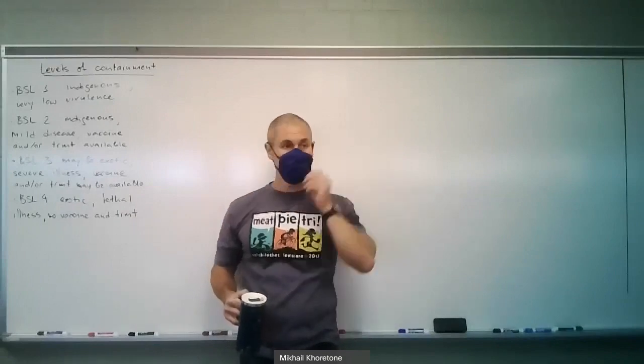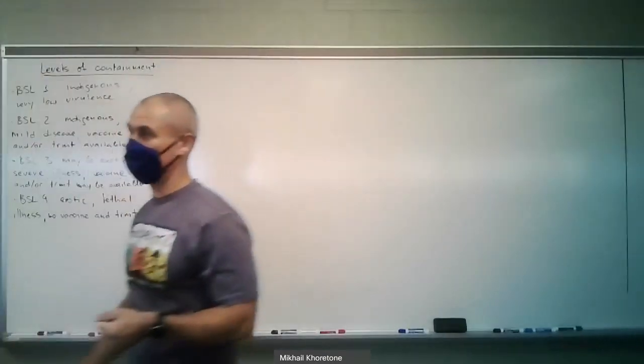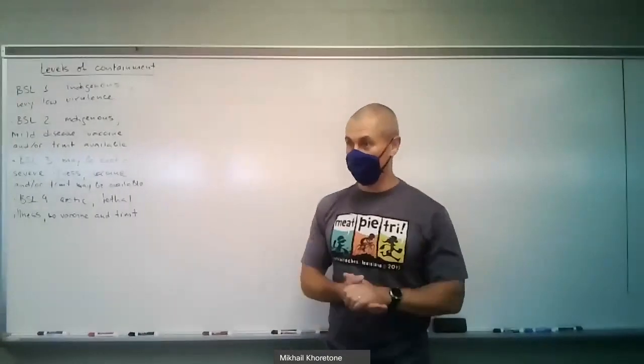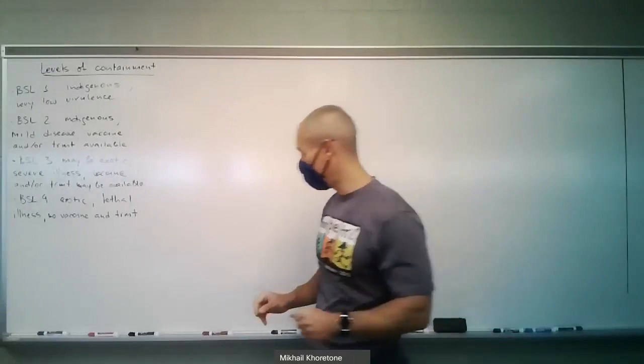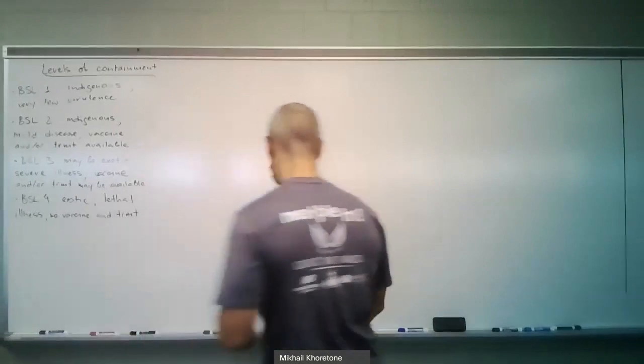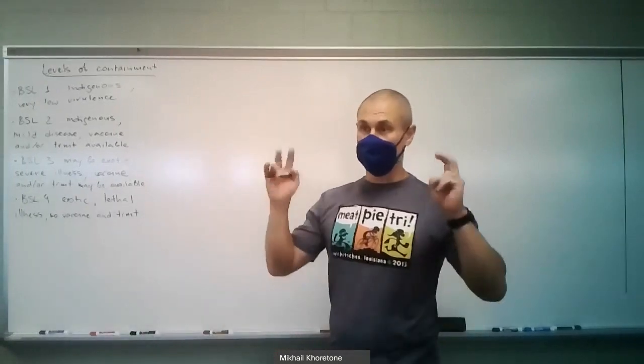In the lecture notes, there's a link to a pretty cool video, a tour, a film about BSL-4. It's really, really good. Does that make sense? We good so far?